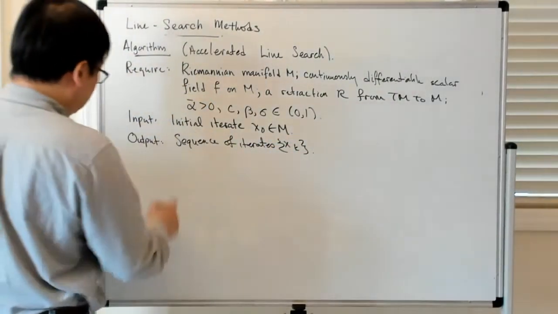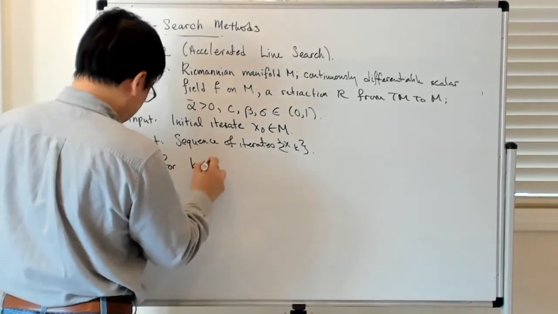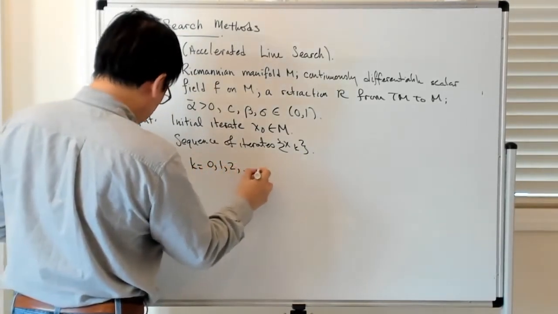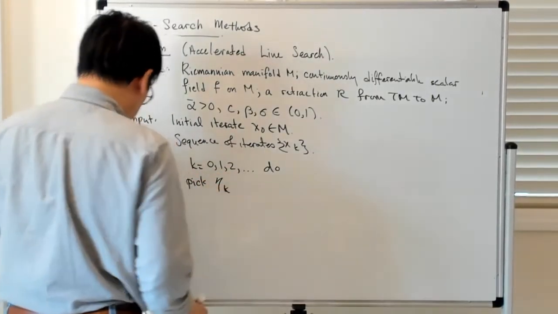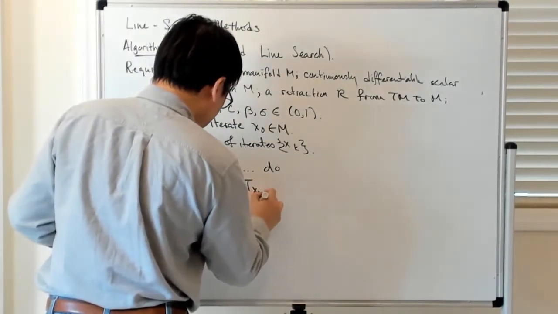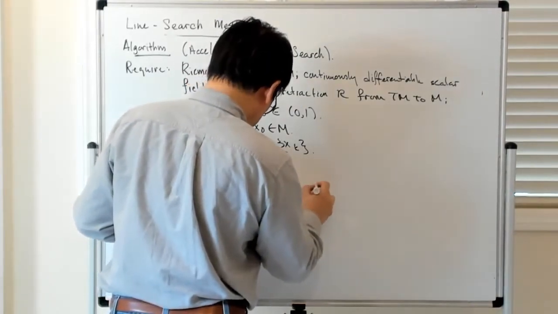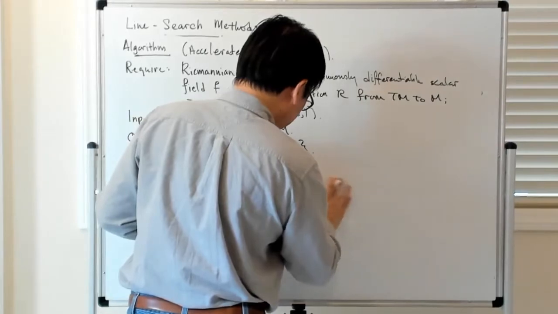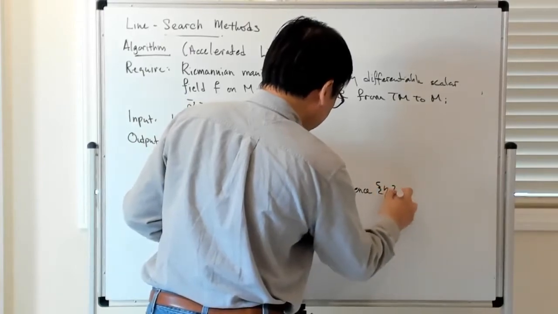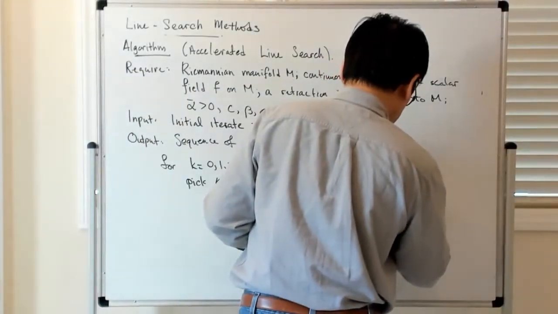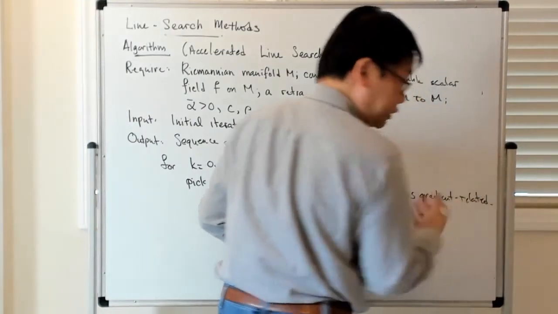Now we're ready to talk about what the algorithm is. For k equals 0, 1, 2, and so on, do the following. You pick eta k in the tangent space at xk to the manifold, such that the sequence is gradient related. We had just discussed this.